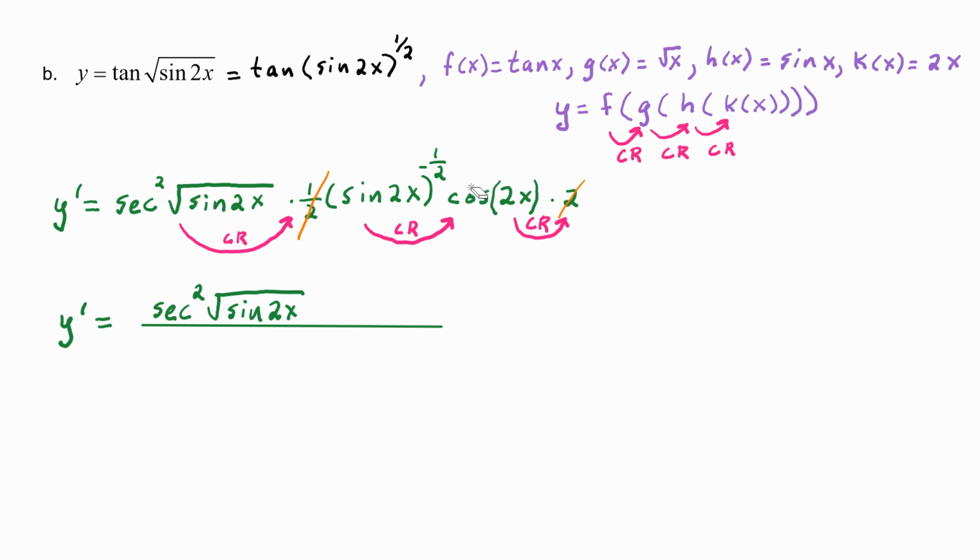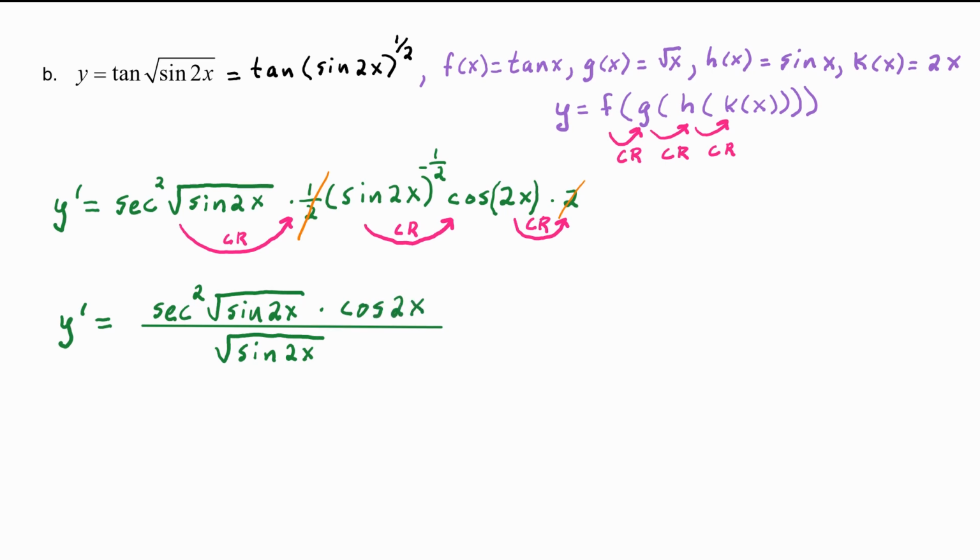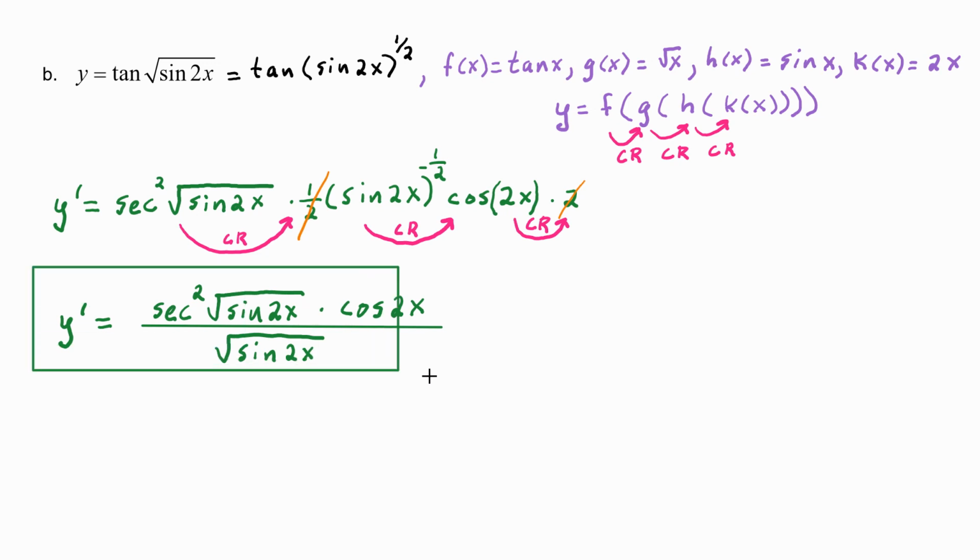This radical sine 2x needs to go into the denominator. And this cosine of 2x stays in the numerator. And this is our derivative.